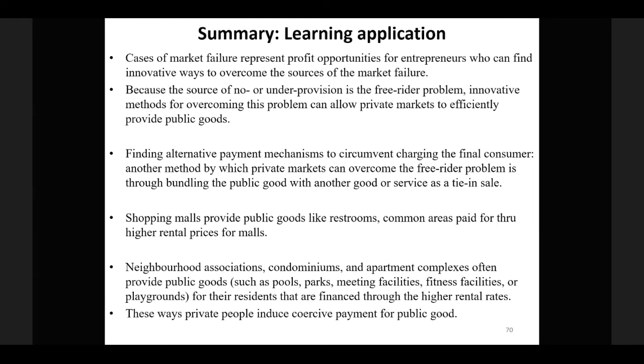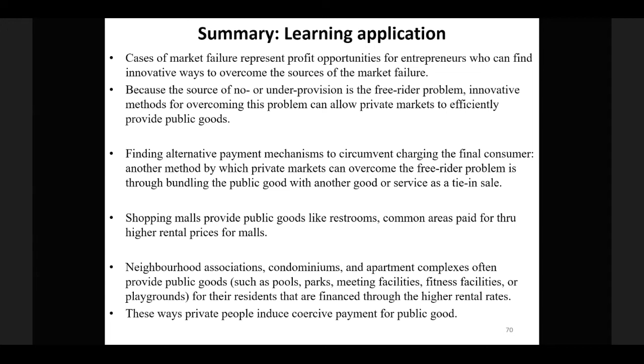Another way is also to find alternative payment mechanisms to circumvent charging the final consumers. So, for instance, we can find another method by which the market can overcome the free rider problem, through bundling public goods with private goods, what we call tie-in sale.